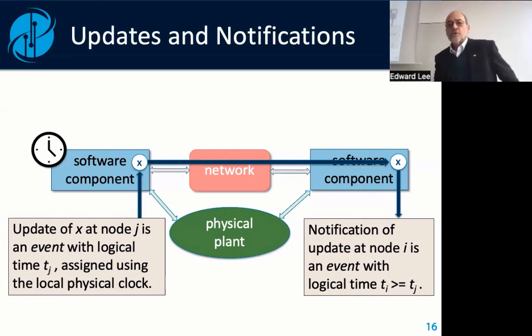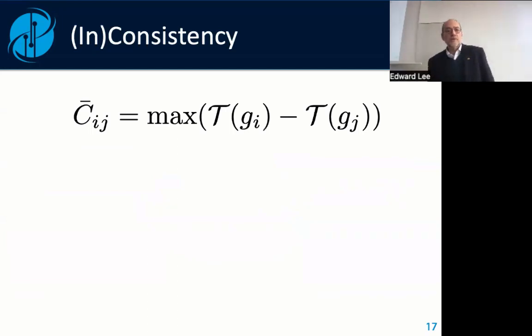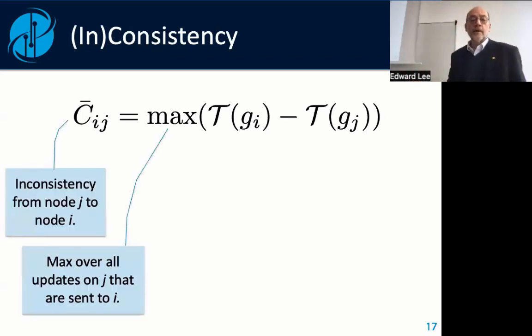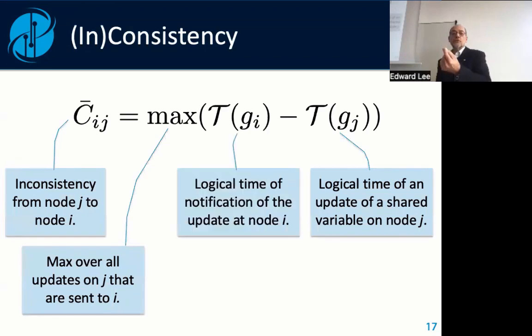Okay, so now I can give you a definition. In the paper we use inconsistency rather than consistency because it's numerically more convenient. And it's a quantity that's defined in these papers over a whole trace of execution. So we're looking at worst case behaviors. Over a trace, the inconsistency from node J to node I is the maximum over all events that flow from J to I of the difference between the two logical times.